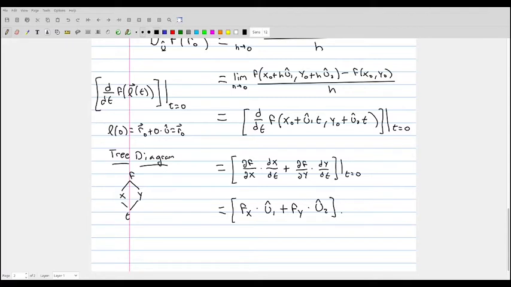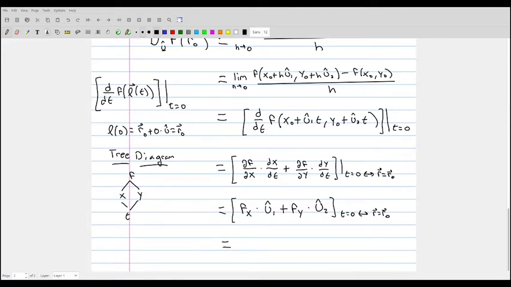This is all evaluated when t is equal to 0. And remember, t equals 0 is the same thing as r equals r naught.